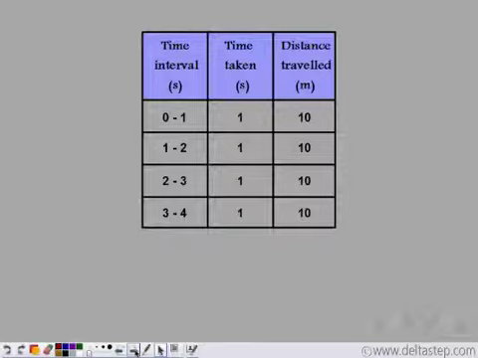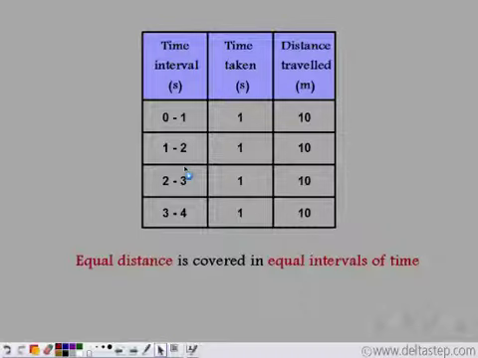And so on for the time interval 2 to 3 seconds and the time interval 3 to 4 seconds. So what do we observe? We observe that equal amounts of distance are traveled in equal intervals of time. So we say that equal distance is covered in equal intervals of time.